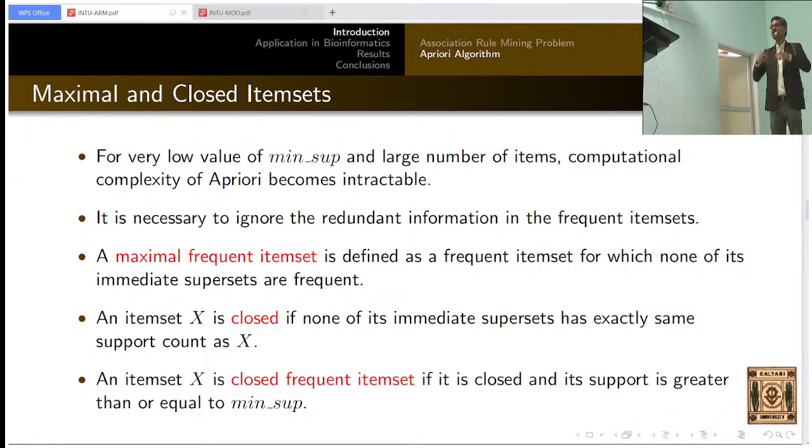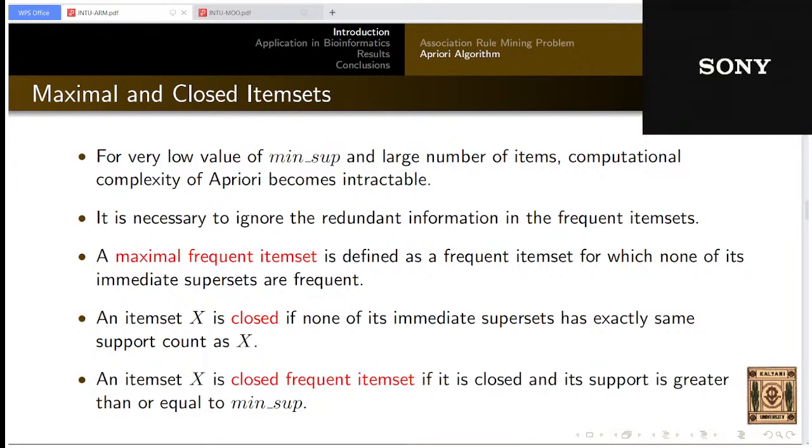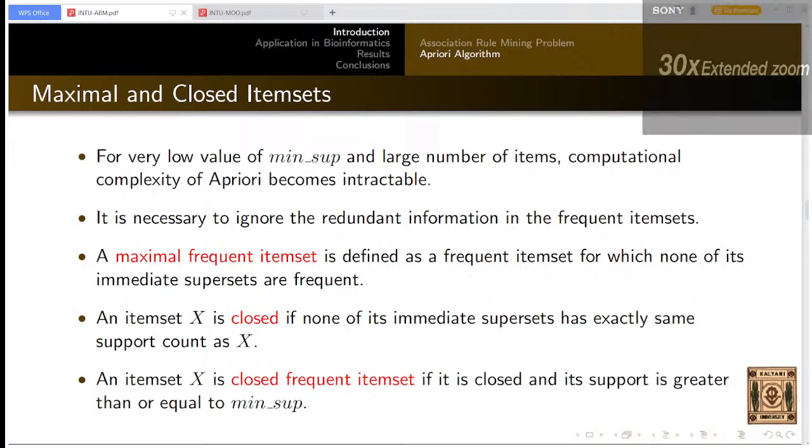Condensed representation means, just like we zip a set of files together into a small file, similarly here, if we have a large number of rules, we can zip that set into a small set of rules, which will be called the condensed representation of the rules. And whenever we need, we can extract all the rules from that condensed representation, just like unzipping. So zipping and unzipping.